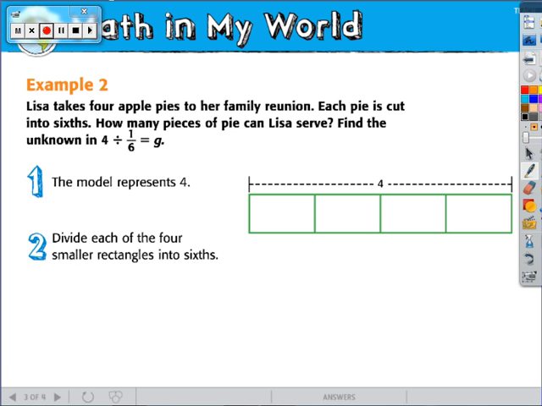Now, which one is it? Finding the whole number or multiplying the whole number with the denominator? Pretty much. Because all of the fractions that we're going to be using are 1 something. So they're like 1/3, 1/4, 1/5.